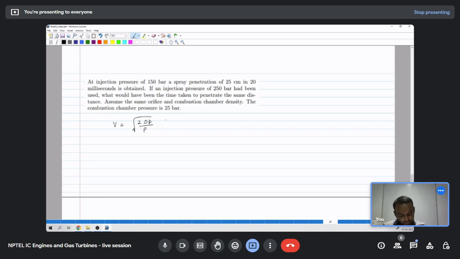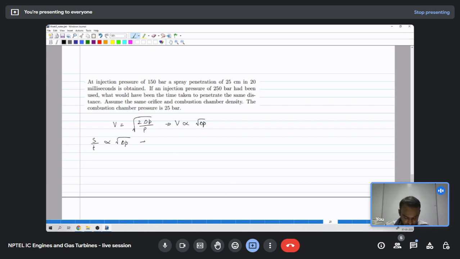So that means I can say velocity is proportional to root of delta pressure, and we have, in terms of penetration length and time, S by T, or distance traveled by time taken, is proportional to under root delta P. Here it is told that only the pressure changes, and we need to calculate the penetration length for the same time.